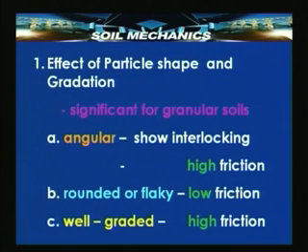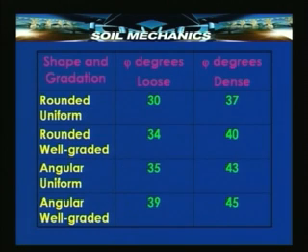If the particles are angular, if they have sharp edges, then they exhibit lot of interlocking, therefore the angle of friction would be high. If on the other hand they are rounded, as in the case of river-borne soils, or flaky as in the case of clayey soils, the friction is likely to be very low. And coming to gradation, a soil which is well graded obviously will have the highest possible frictional resistance.